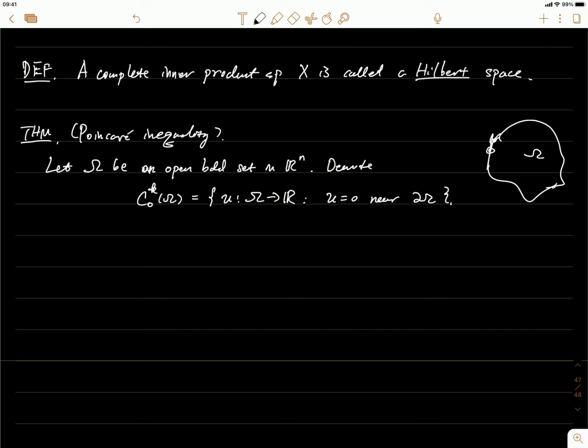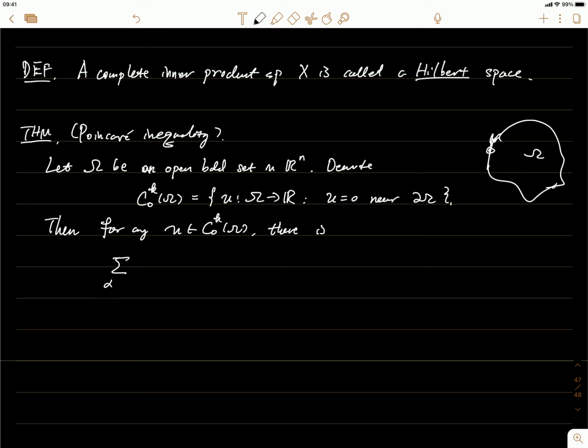Then the following inequality holds for any u in C_0^k.